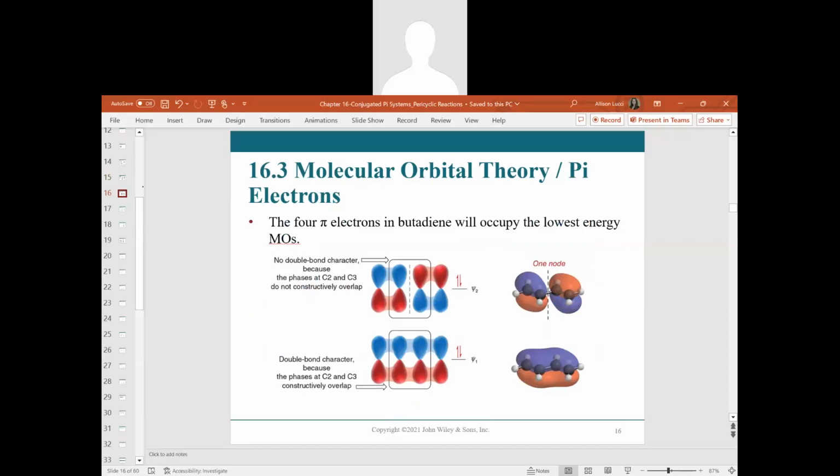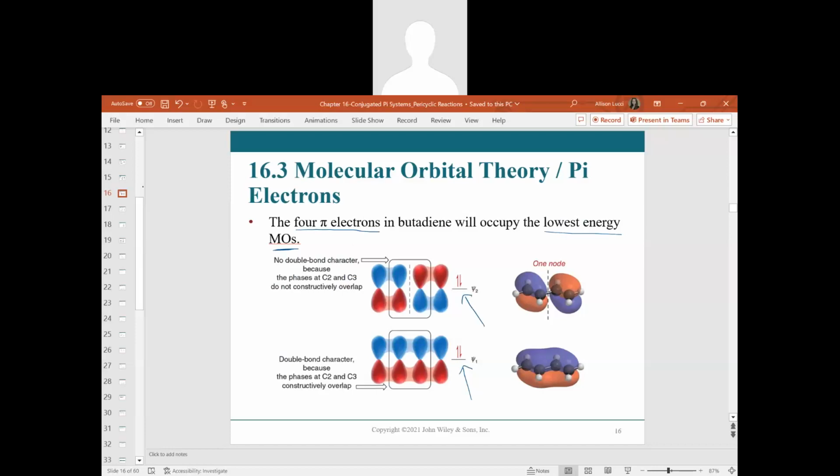So the message here is that these 4 pi electrons in butadiene will occupy the lowest energy molecular orbitals possible. So what we see here is that we have our first 2 pi electrons in this first molecular orbital, and then we have another 2 shown here.